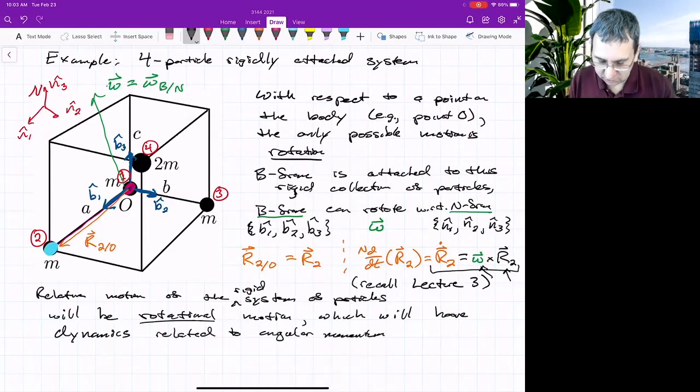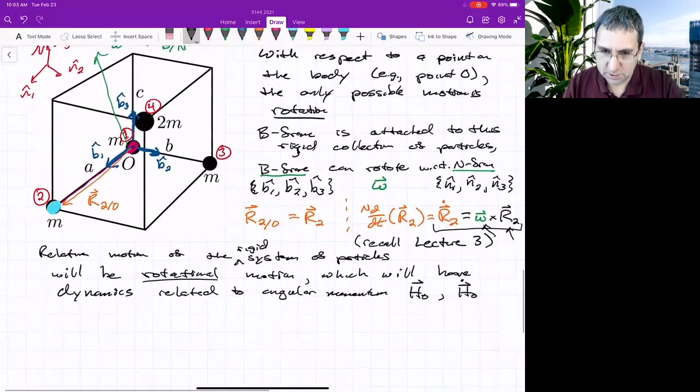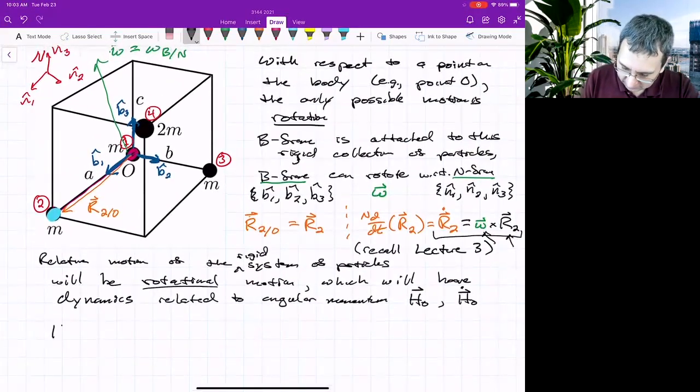At this point, we've got this reference point O, so we'll say HO, and then the dynamics will be related to how that changes in time, the time rate of change of the angular momentum.